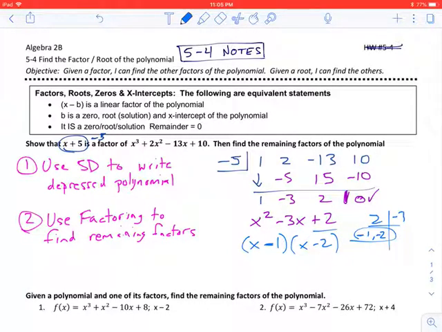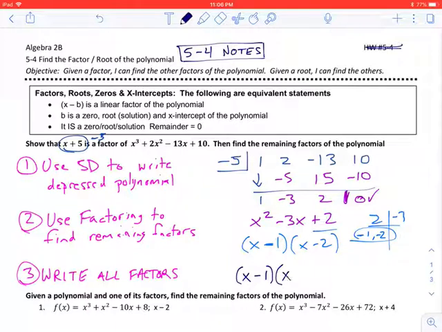And there we go. So step 3, write all the factors together as one polynomial. And so our final answer here is x minus 1, x minus 2, and then the original, which was really up here, x plus 5.